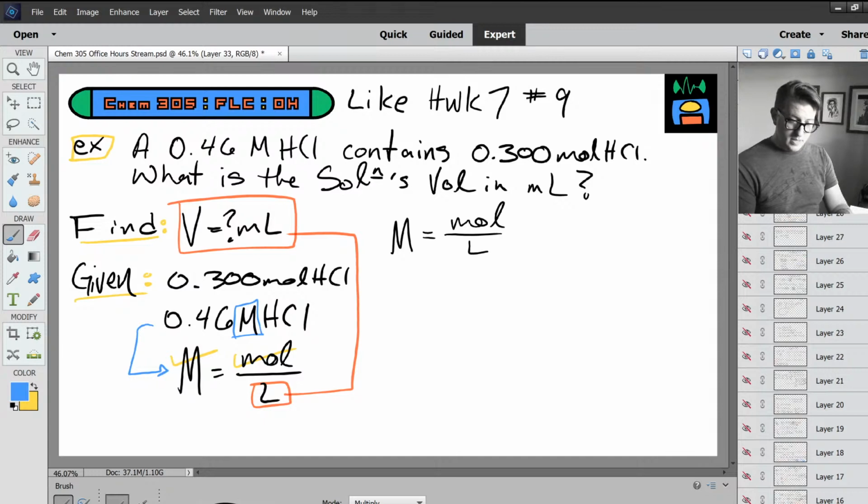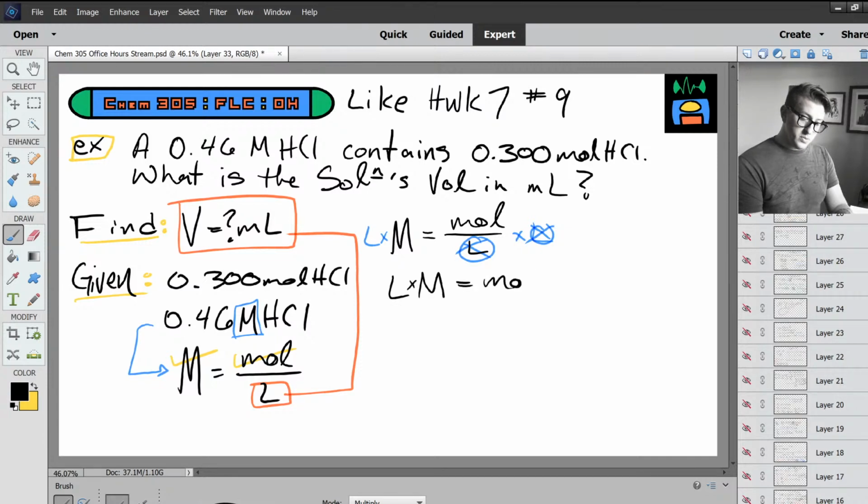Step one, we need to get our volume out of our denominator. So let's multiply both sides by liters. Second, we now have liters, our volume in liters times molarity equals our number of moles. Let's isolate our liters, but let's do it by dividing both sides by our molarity.